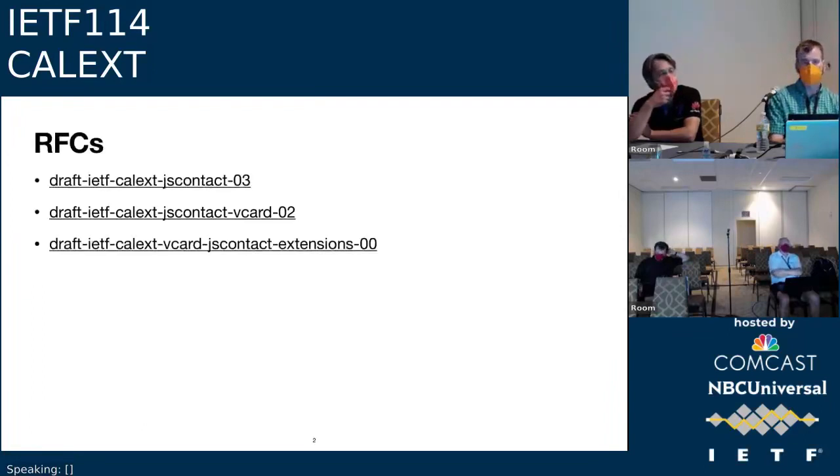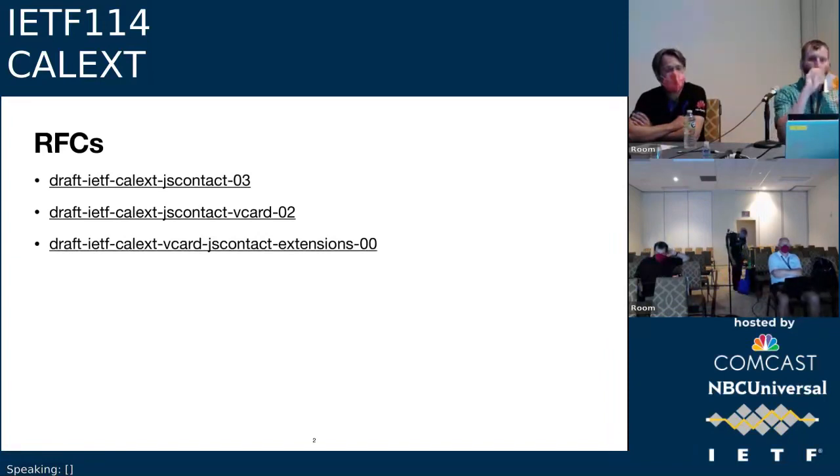So we already had two RFCs in the works. JS contact 03 is the current version of the JS contact format specification. JS contact vcard 02 is the specification for mapping between JS contact and vcard. And as a new addition, we also defined vcard extensions for JS contact, which define new vcard properties and parameters that we require for the JS contact vcard mapping.